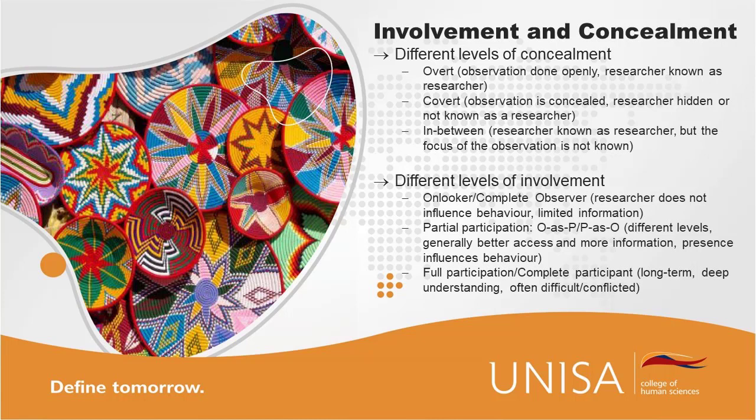The first type is called observer as participant. Here the word observer is placed first because the researcher is firstly an observer and to a lesser extent a participant in the group. So the observer interacts with the group but is not a group member. If we use the example of the work team, an observer as participant could be something like a UNISA student doing a research project and then being invited into the meeting rooms where this specific work team meets.